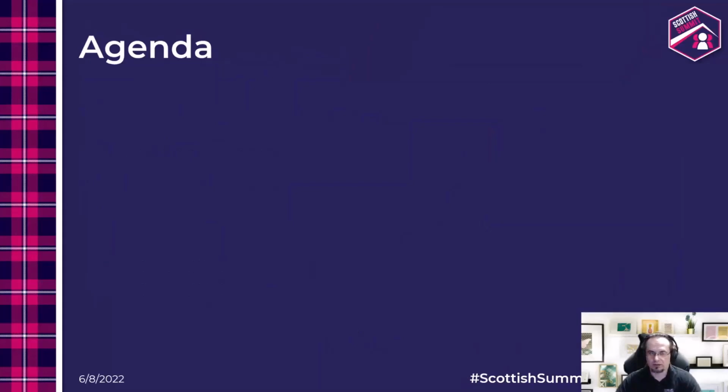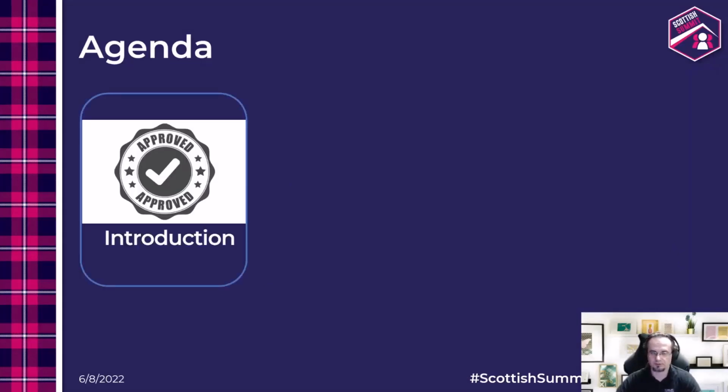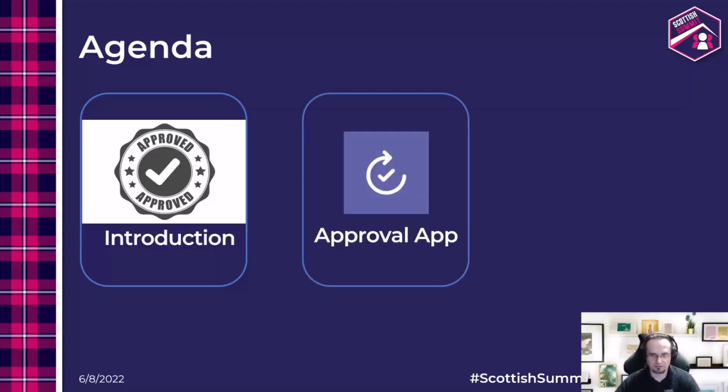So let's go and check today's agenda. First, a quick introduction. I will talk a little about approvals: what is an approval, and where you can find approvals. Then our main topic, the approval application. What is the approval application in Teams? How you can find it, install it, and start using that application.